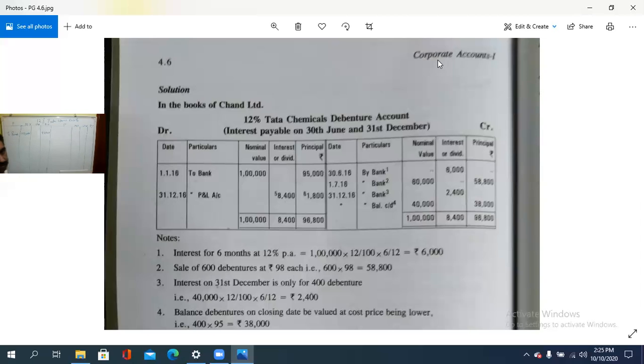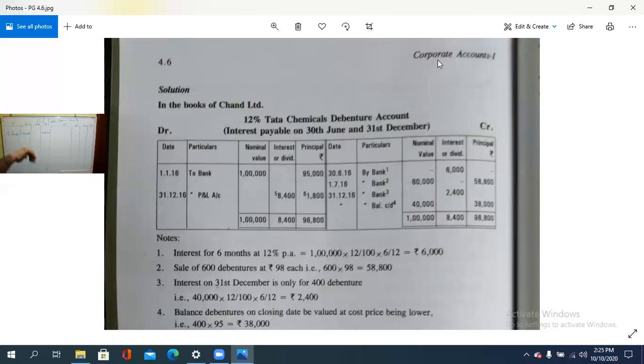Next is what? Interest payable, isn't it? So what is the entry? Bank account debit to interest. How is the interest to be calculated? Please see the screen.